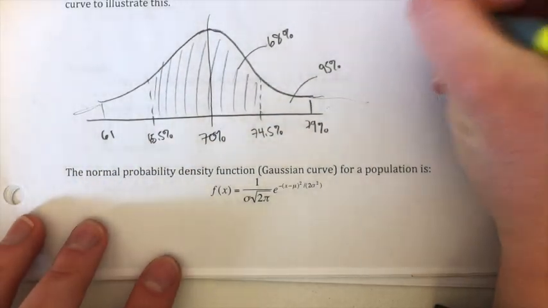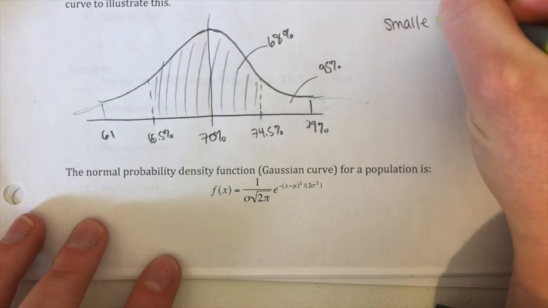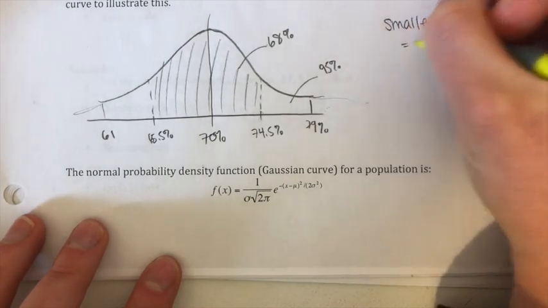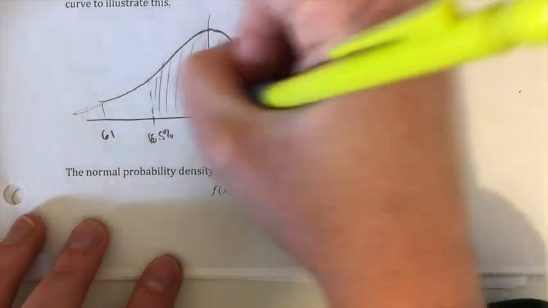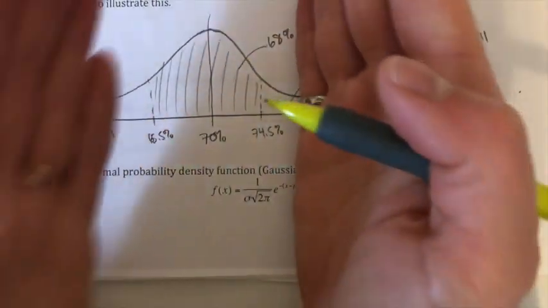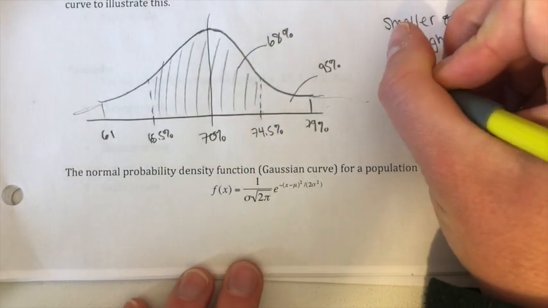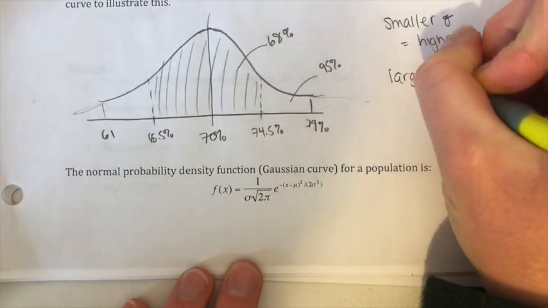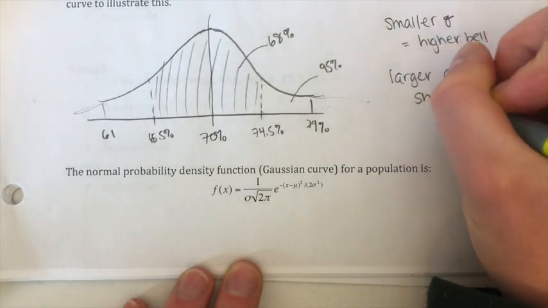As I said above, if you have a smaller standard deviation, you have a higher bell, because for 68% to fall within it, if it's tightened, it's going to have to be taller. And with a larger standard deviation, you're going to have a shorter bell.